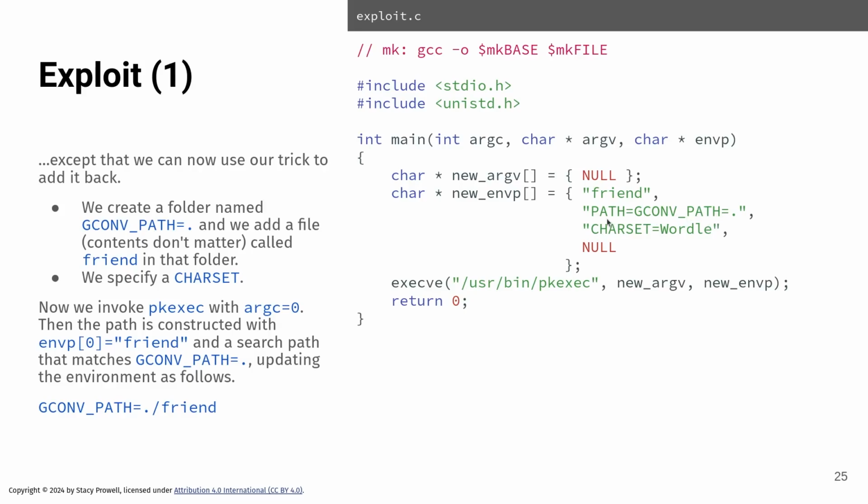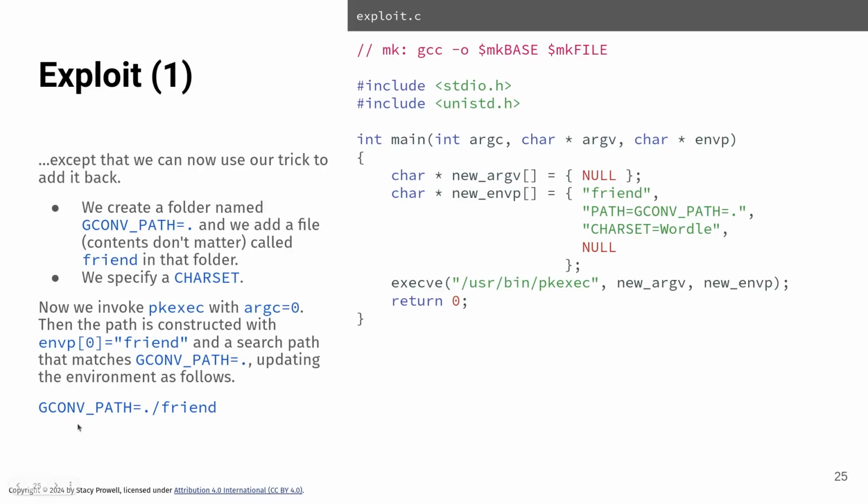And remember, when we search for whatever we're searching for in the path, we'll search here. So this will look for friend in this path. It'll find it because we put the friend file in that folder.